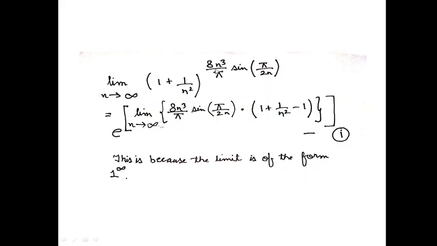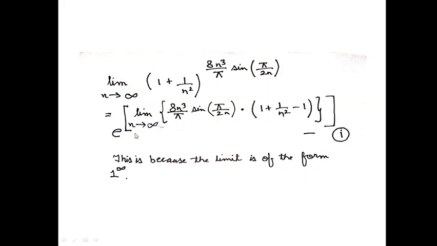Okay. Now this will be written as e power the index, that is 8n cubed by pi sine pi by 2n, into (1 plus 1 by n square minus 1). This is because the limit is of the form 1 power infinity, as stated earlier.